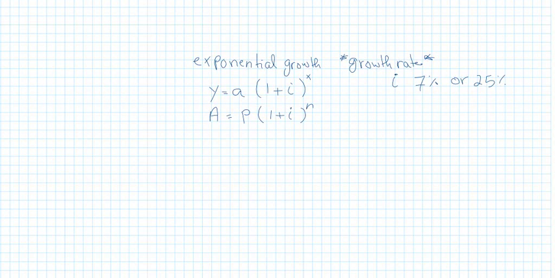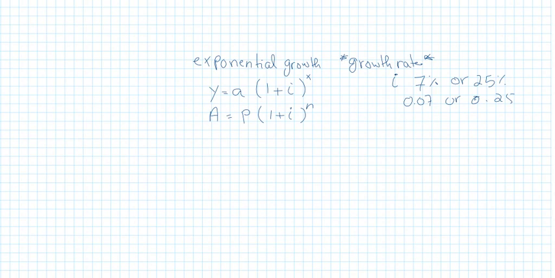So i is going to be 0.07, or 0.25. You have to divide your percent by 100 to find your decimal and put it in. Now when I put it in, I have 1 plus 0.07, which is going to make it a growth, because it's going to be 1.07, which is greater than 1.